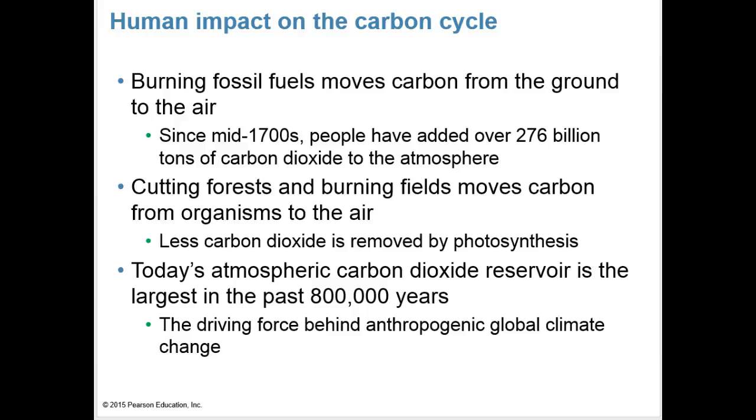Cutting forests and burning fields moves carbon from organisms to the air. And today's atmospheric carbon dioxide reservoir is the largest it's been in the past 800,000 years or so, and it's the driving force behind anthropogenic global climate change.